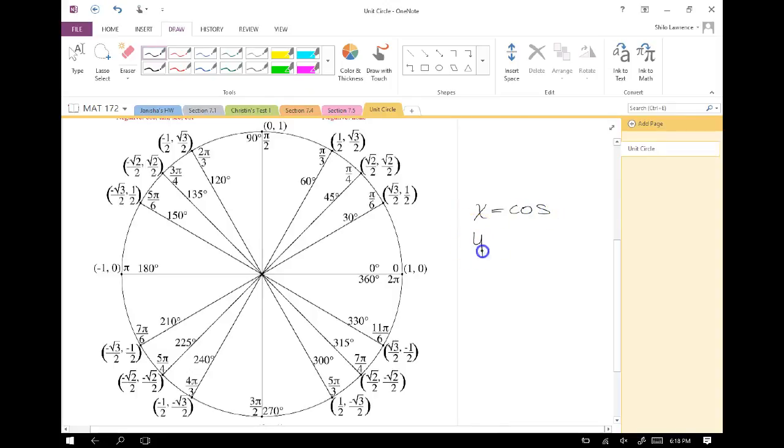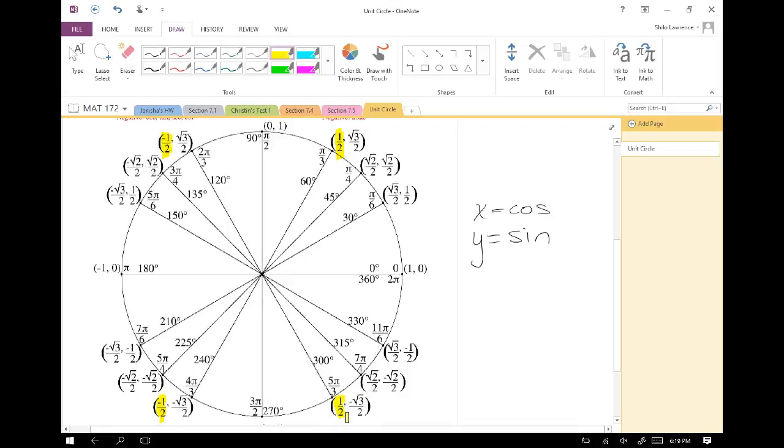And the y value is the sine value. So we're looking around this unit circle at the x values because our equation has cosine, and I want to know where I have either positive 1/2 or negative 1/2 in the x position. And there are 4 different spots.